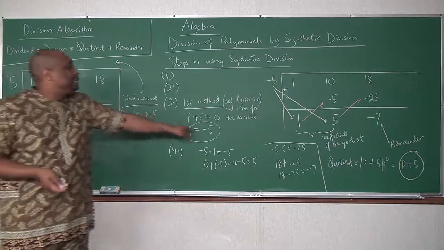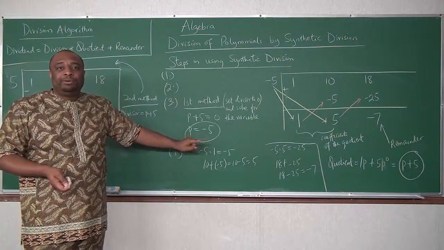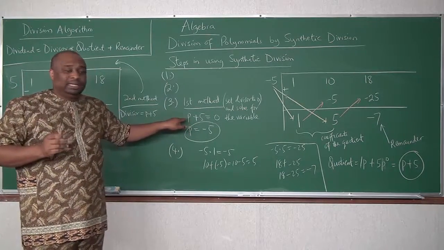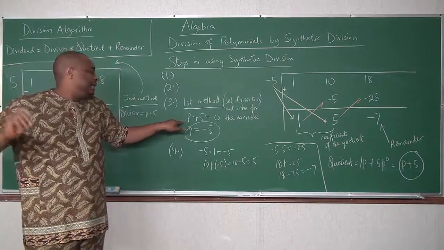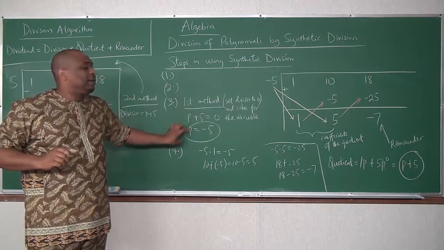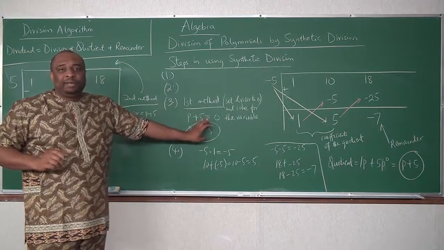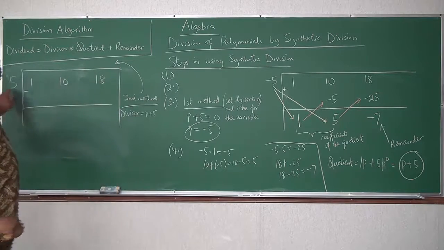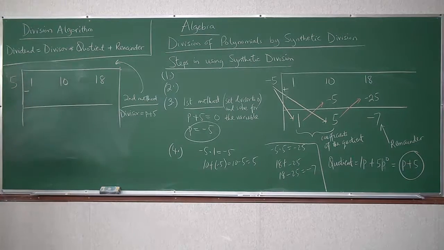If you don't set it to be 0 and solve for the variable, once you have arranged it in descending order, and it has to be linear, with the variable first before the constant, you can just bring out the constant. If it's p minus 5, you bring out -5. You still write the coefficients of the dividend, but it's the same process, and you subtract instead.